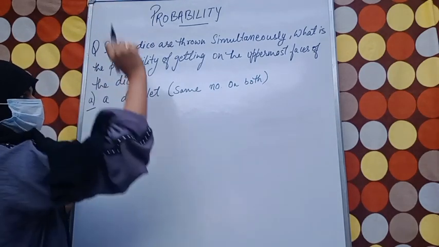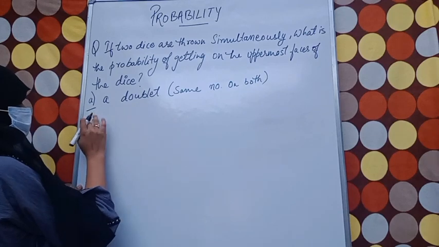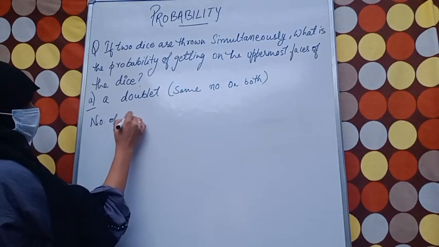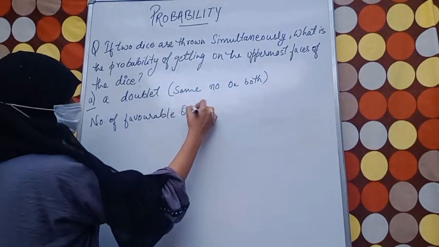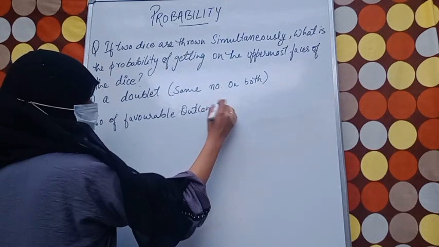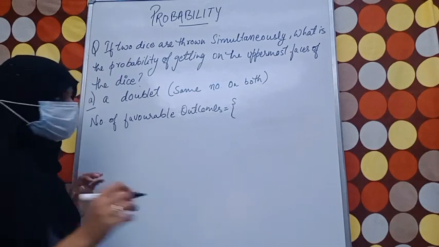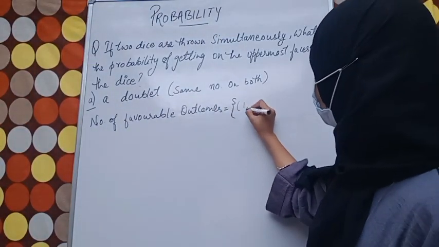Now it says probability of the same number, that is, the number of favorable outcomes. It is saying the same number on both. So what will it be? 1, 1.